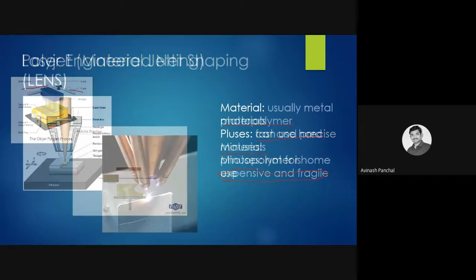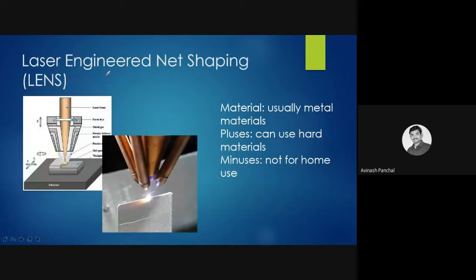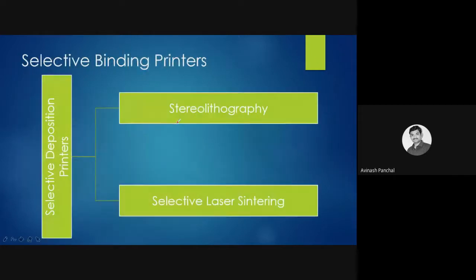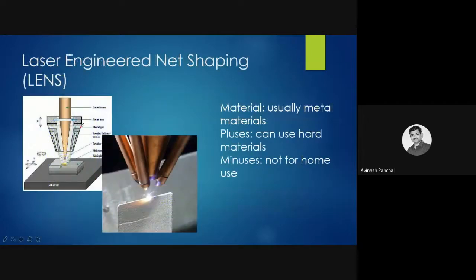Now in laser engineered net shaping, we can see how it is formed. It has a structure like the one given over here. The laser beam is there, as we already know laser is used in laser engineered net shaping. There is the focus length, this is the whole structure of the laser. The powder delivery nozzle is there.